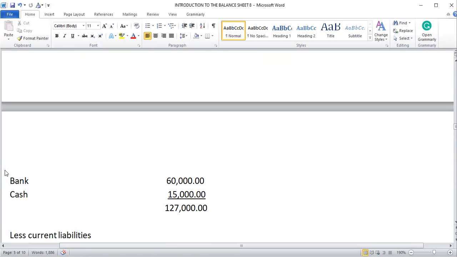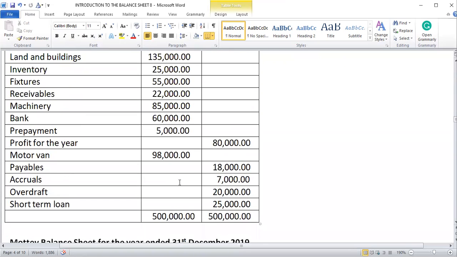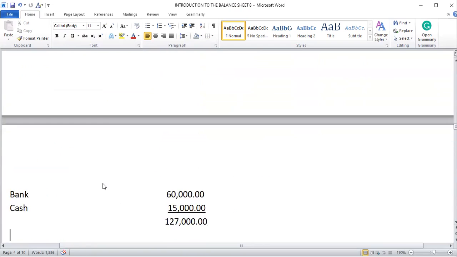Then you have the bank, cash in bank, $60,000. Then the last item, which is cash at hand, $15,000.